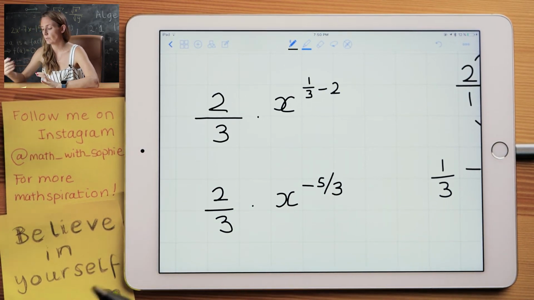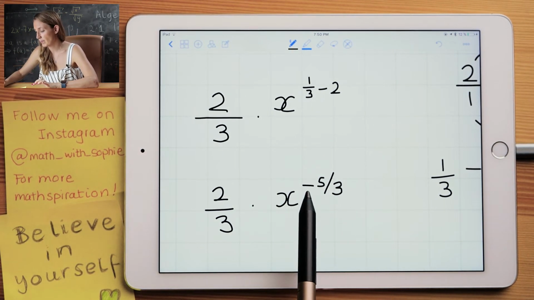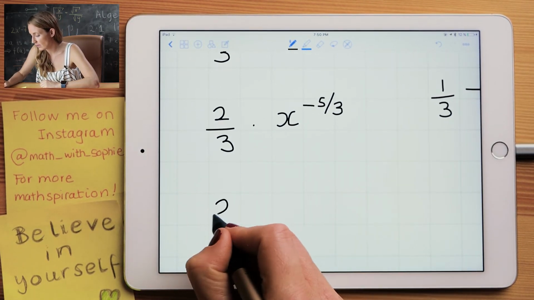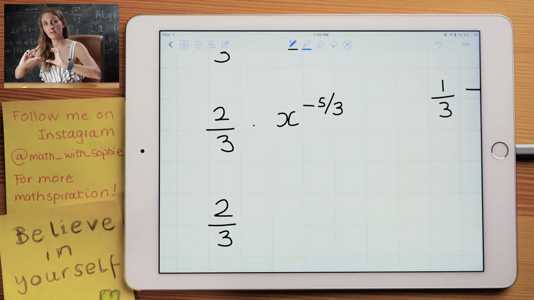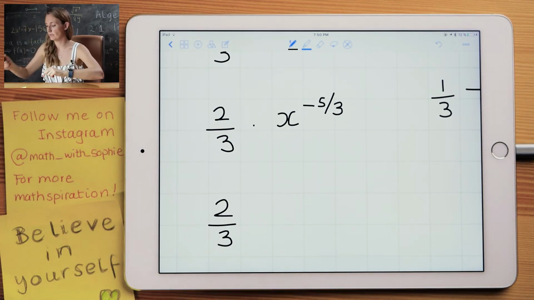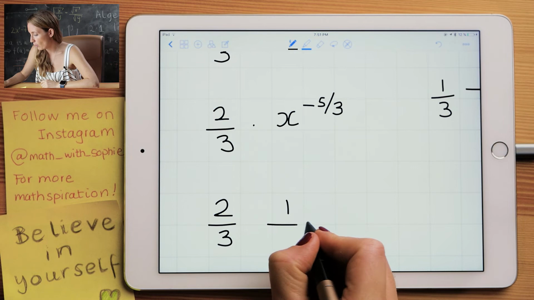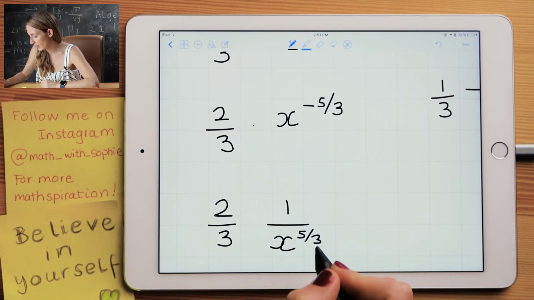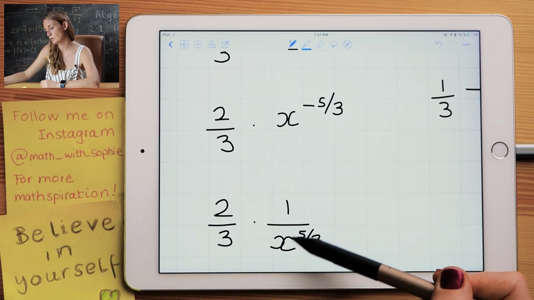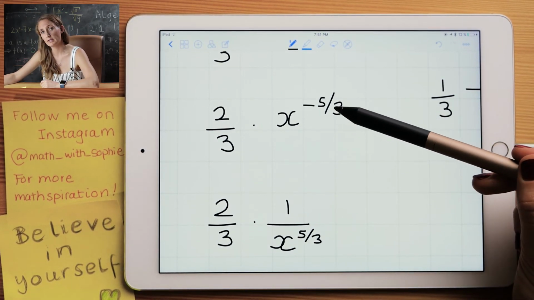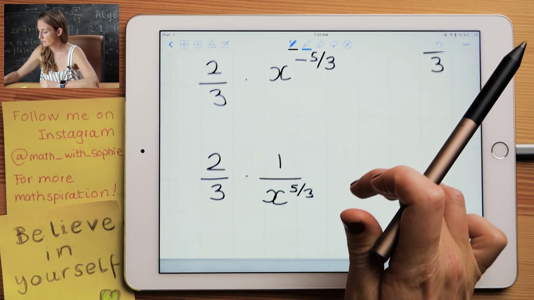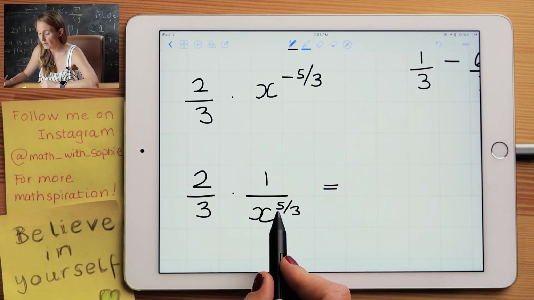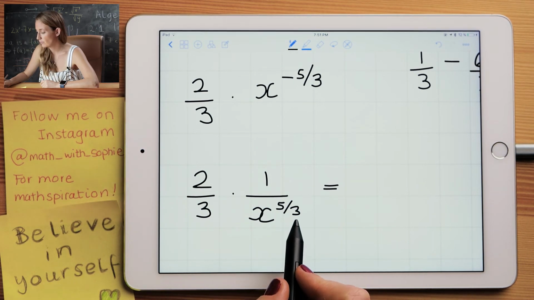So we can see this example is really a bit trickier because you've got both the minus and the fraction. You should always deal with the minus first, and the minus flips it from the top to the bottom. So I'm going to have 1 over, and I'm going to put it on the bottom, 5 over 3. You see how now I've switched it upside down. I don't have the minus anymore. And I'm going to simplify a little bit further. I'm going to say 5 is my power and 3 is my root.